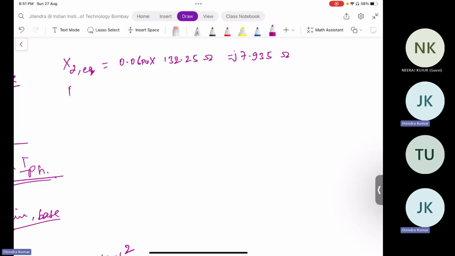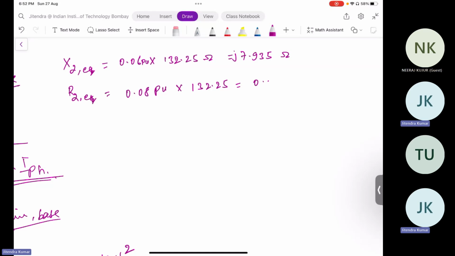Now R2 equivalent is 0.08 per unit into the same 132.25. No, sorry, what is it, 0.015?